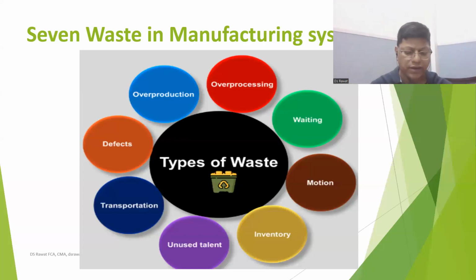Then how will we increase our profitability? There is only one option: we have to reduce our cost. How to reduce our cost? That can be achieved by this waste elimination process.